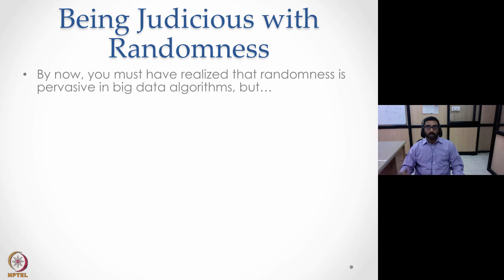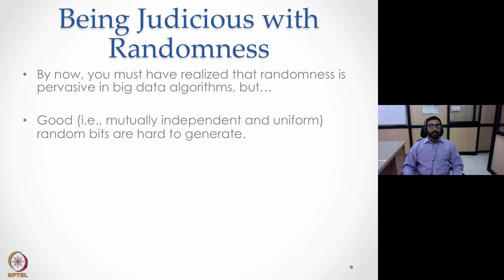And then we will move on to the notion of pairwise independence. So just to give you a context, by now you've realized that randomness is something that comes up in pretty much every big data algorithm. But one needs to realize that good random bits, by which we mean mutually independent and uniform random bits, are actually hard to generate.